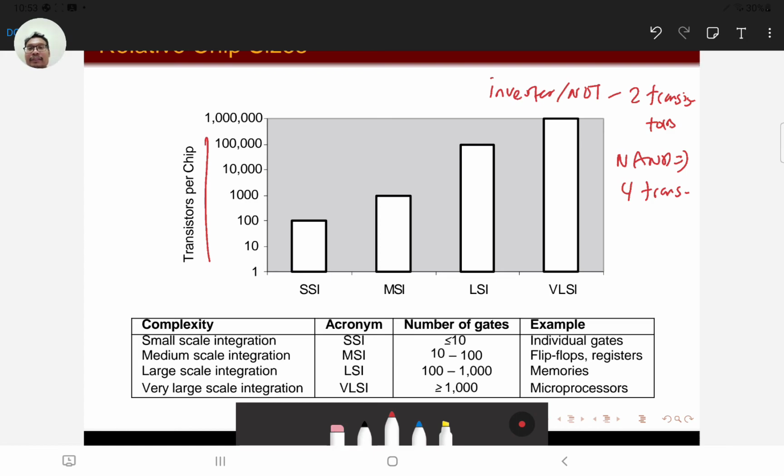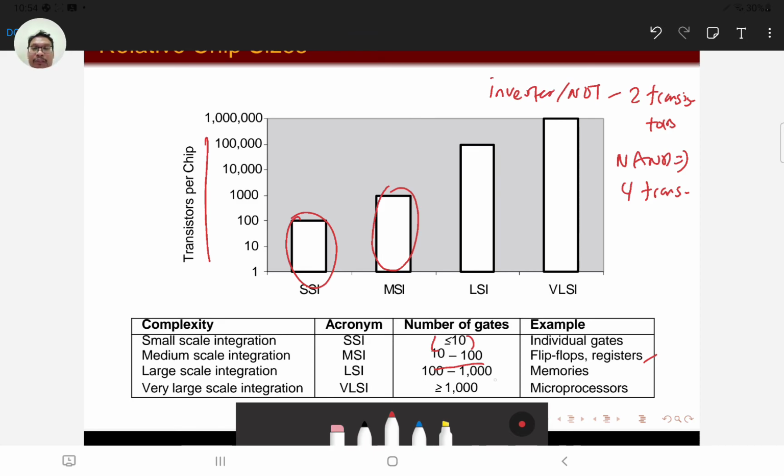A NAND gate contains 4 transistors. So if you have a chip with less than 10 gates, probably less than 100 transistors, then they call it small scale integrated circuits. If you have a chip with 10 to 100 logic gates, for example flip-flops and registers, which we're going to look at in more detail later on, those are called medium scale integrated circuits.